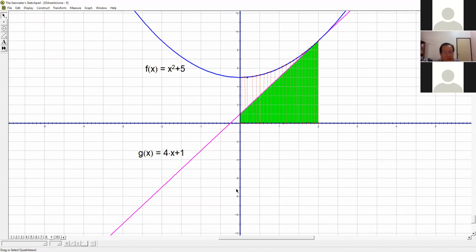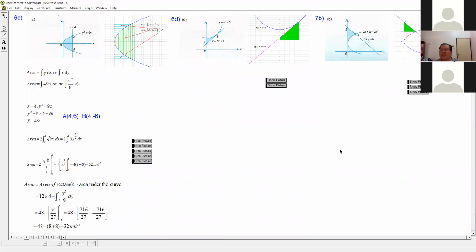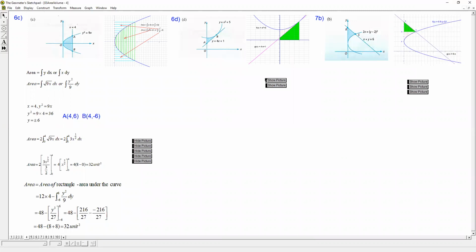Okay, right. So now we go back here. First of all, we find the points A and B. To find point A, we substitute x equal to 0 into this purple line, then we get point A is (0, 1).